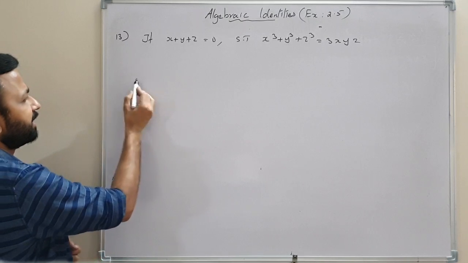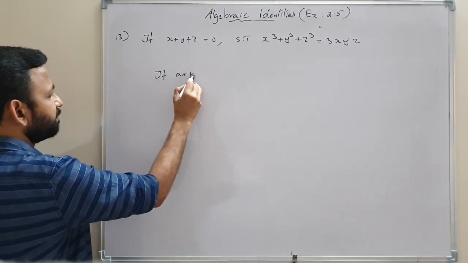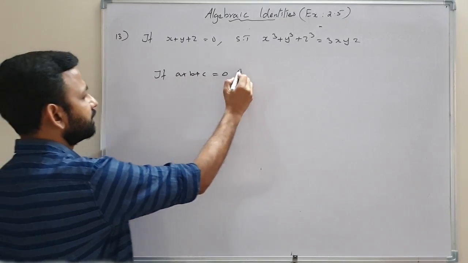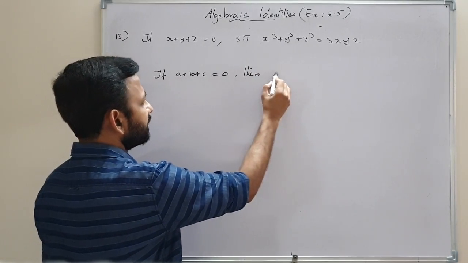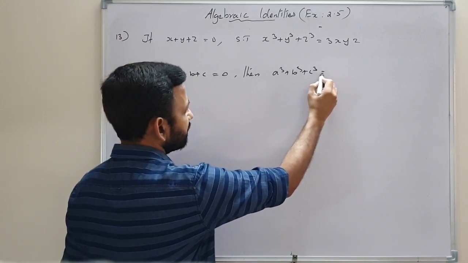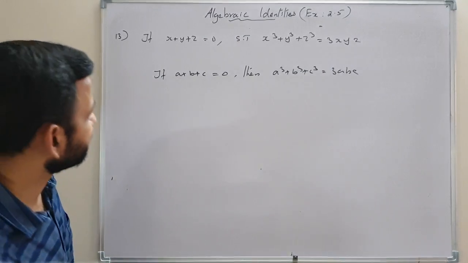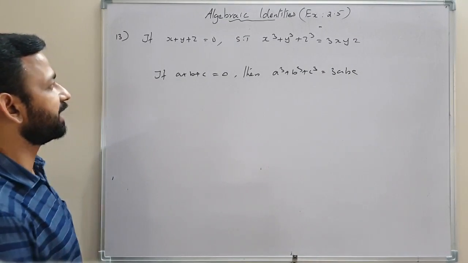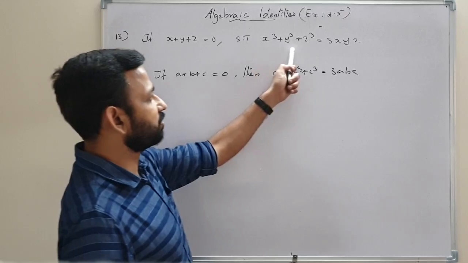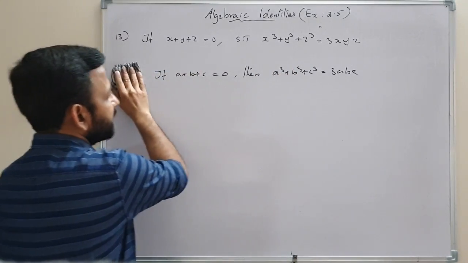So we learned one identity: if a plus b plus c equal to 0, then a cube plus b cube plus c cube equal to 3abc. So same only. If x plus y plus z equal to 0, prove that x cube plus y cube plus z cube equal to 3xyz. So it's exactly same.